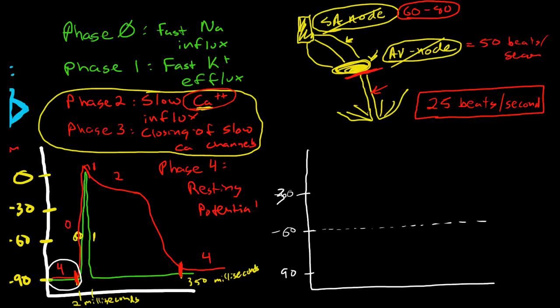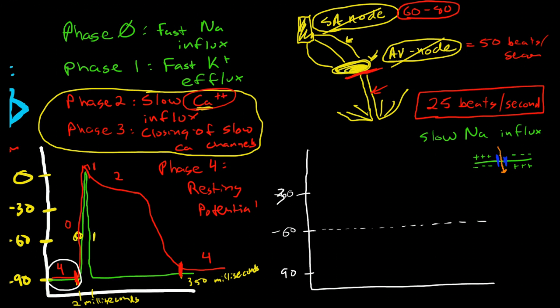But with an SA node, there are specialized membrane proteins that allow for slow sodium influx. And what does a slow sodium influx do? Well, it slowly changes the resting potential. Sodium is slowly leaking into the cell, and over time it starts to depolarize the membrane.